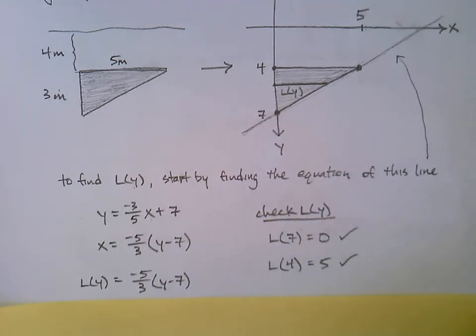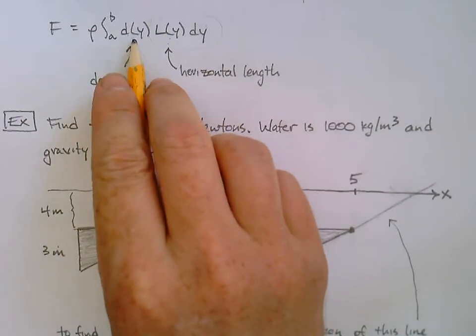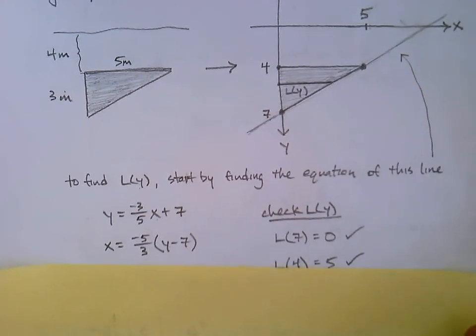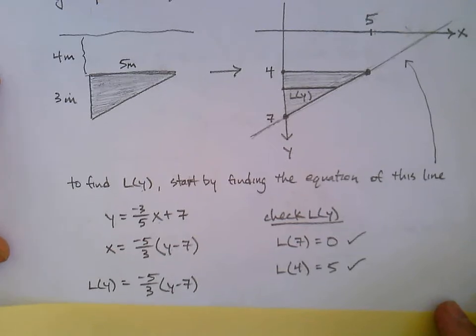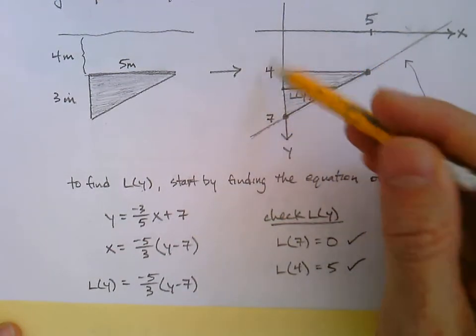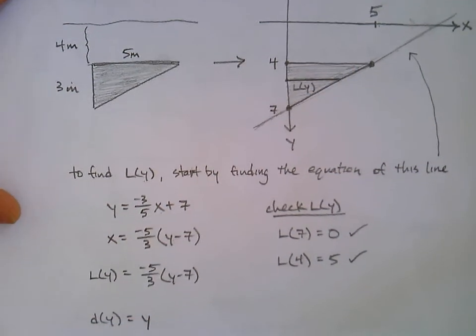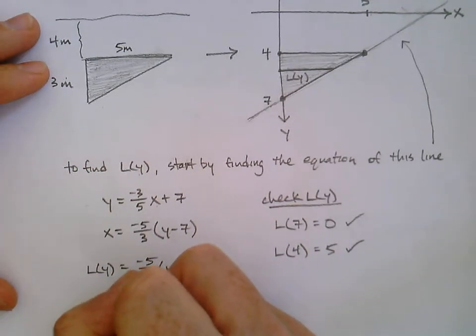What else? We need D of y, right? So we got L of y, we're off to a great start. Now this is D of y. At this point it's really helpful that we drew our y-axis going down this way. D of y, you might say it's so simple it's confusing.